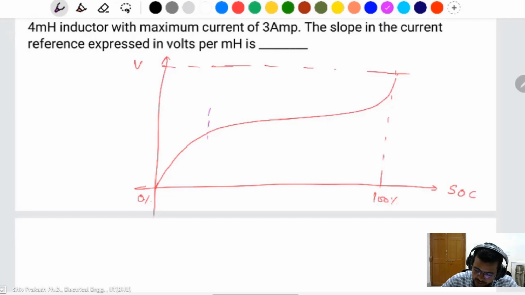Between 80% and 20%, the profile is approximately constant, approximately linear. You get 20% to 80% in any battery.